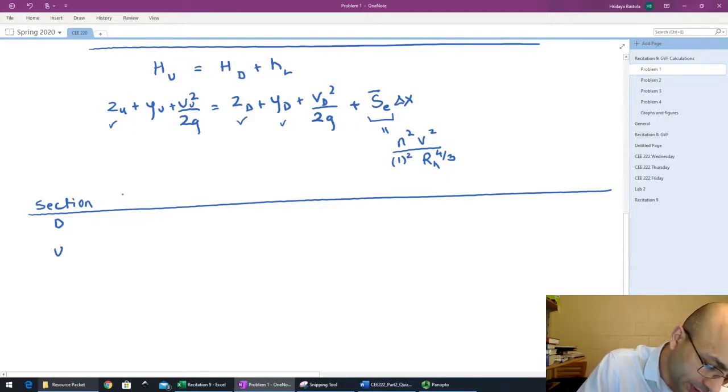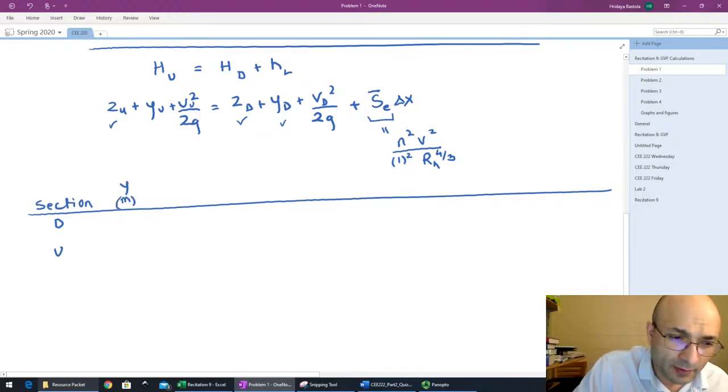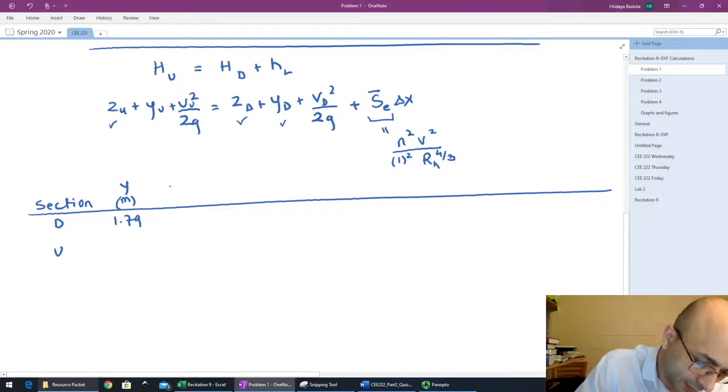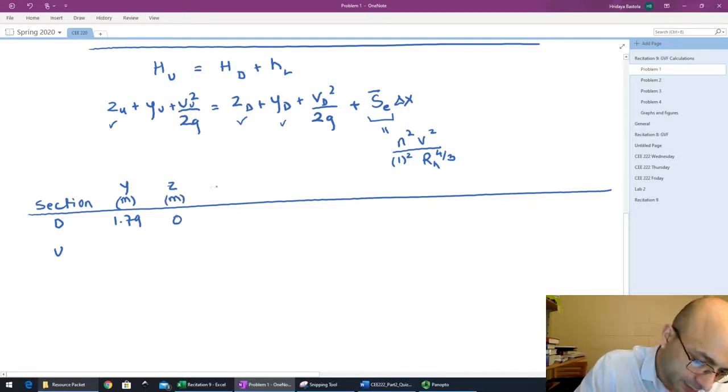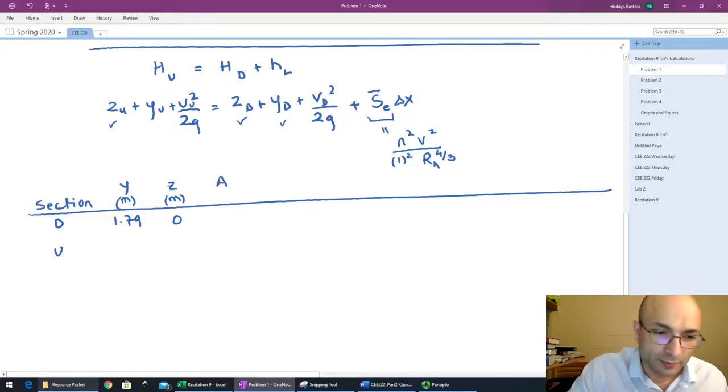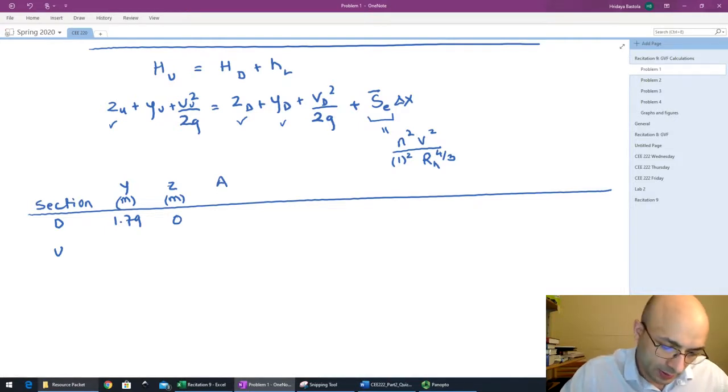This will have units of meter. 1.79 is our known depth. Z in meters. So for the datum, we'll start with 0. We can then calculate the cross-sectional area based on y.